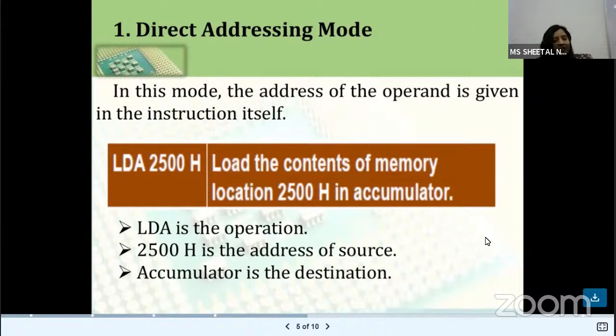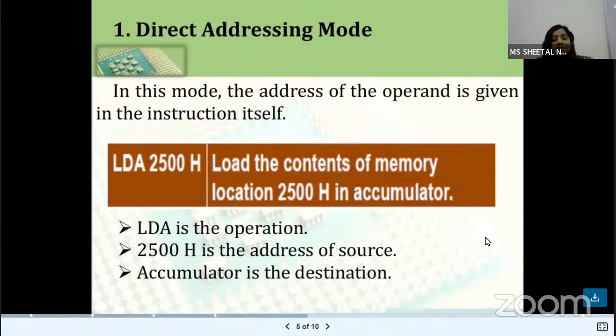Now the contents of this memory location 2500 may be any 8-bit data from 00 to FFH, because in the 8085 microprocessor we have an 8-bit data bus. So what will be the output of this instruction?